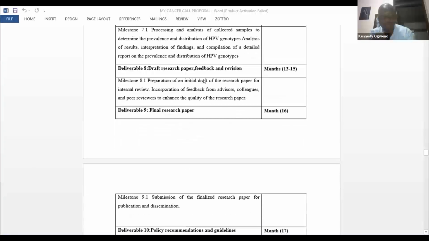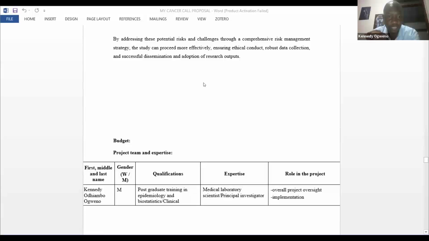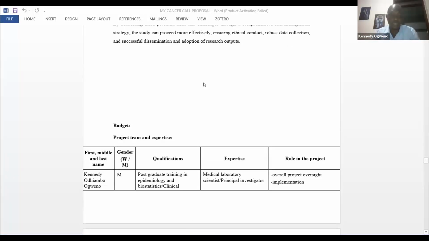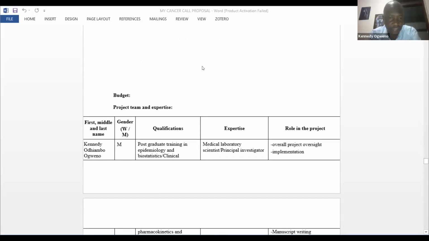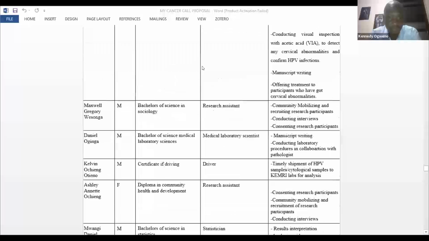So this was just a template you are given. Now you need to be very concise, very accurate, and very objective, okay? And the budget as well, okay? You must come with a budget which is very accurate, okay?